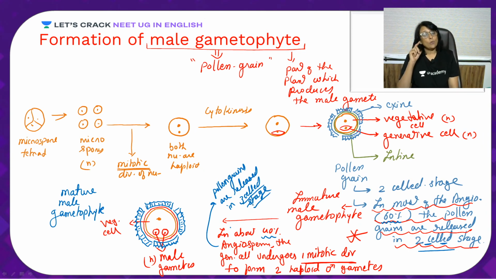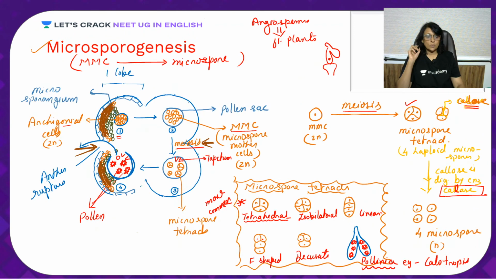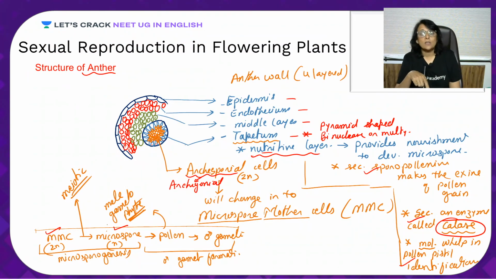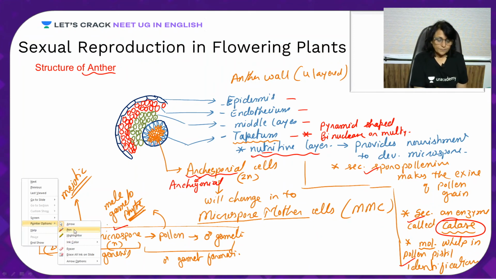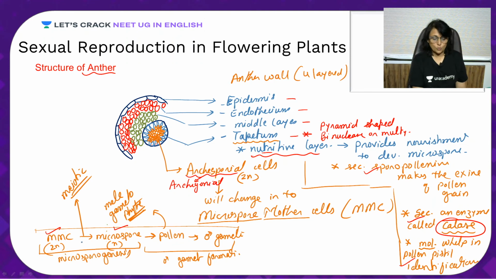So we now know what exactly is microsporogenesis. So let us go back to this part. This was the one that we talked about in the previous lecture. So microspore mother cell to microspore, this process is called microsporogenesis.